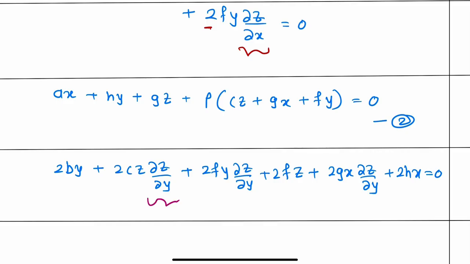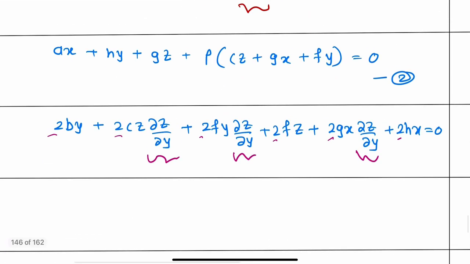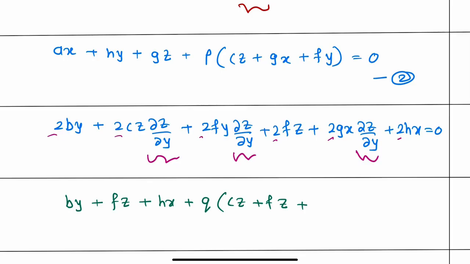Now again we replace dou z by dou y with q and remove the 2 since it is everywhere. Hence we get by plus fz plus hx plus q into cz plus fy plus gx equals 0.